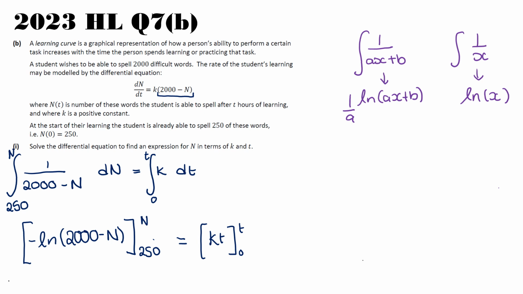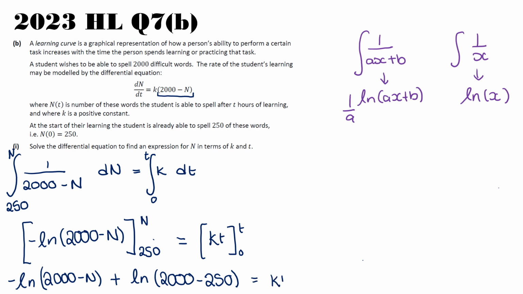So then we get minus the natural log of 2,000 minus n minus the minus, which gives us plus, natural log of 2,000 minus 250, and that equals kt.